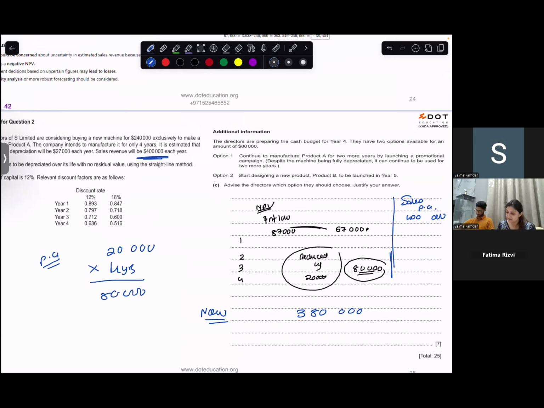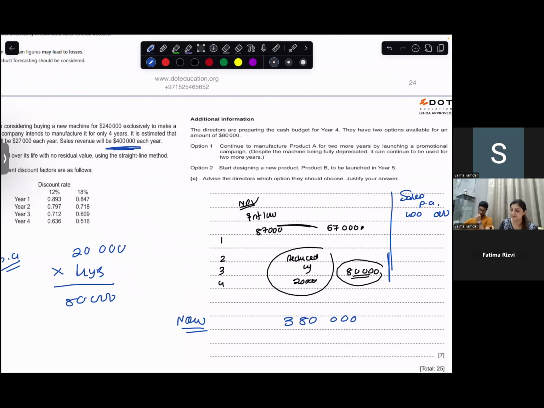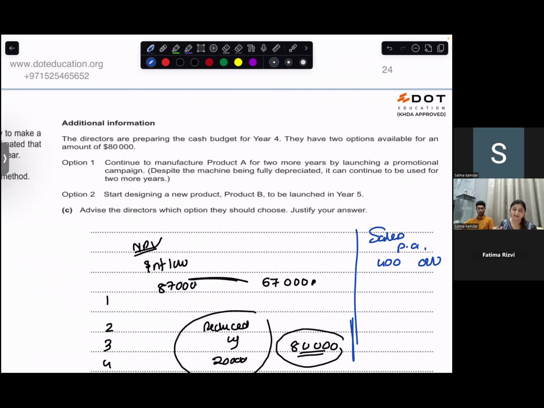So for this amount of 80,000, the directors are thinking about two options. They're thinking to continue to manufacture the product A for 2 more years. Even if the machine is fully depreciated, it can still be used for 2 more years so that they can manage this 80,000 deficit that they're getting, leading to a negative NPV.